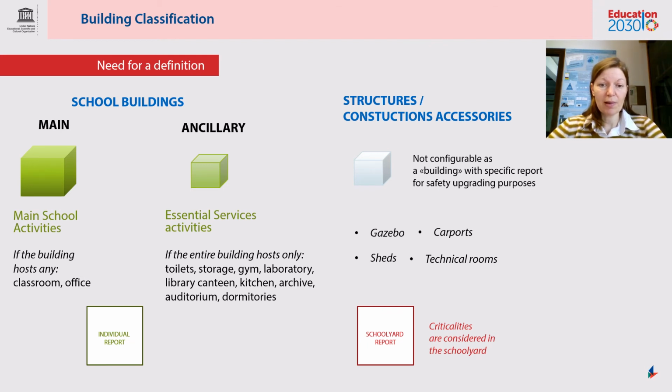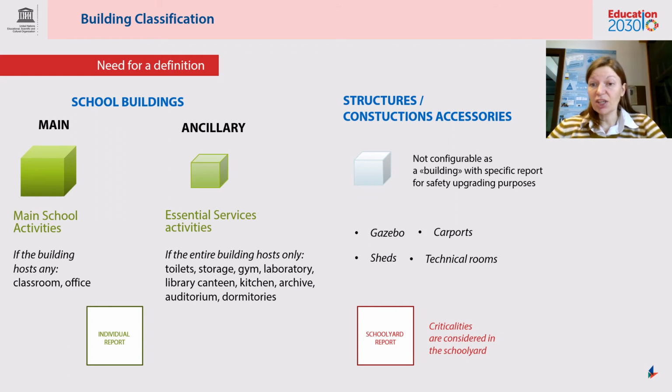For example, toilets, storage, gym, laboratory, library, canteen, kitchen, archives, auditorium, dormitories. So a building is an ancillary building if it hosts entirely these kinds of activities.